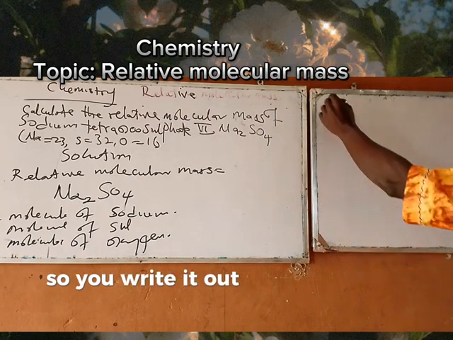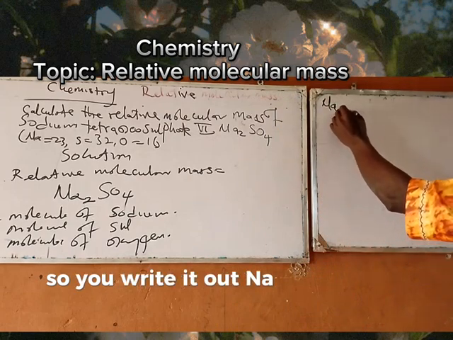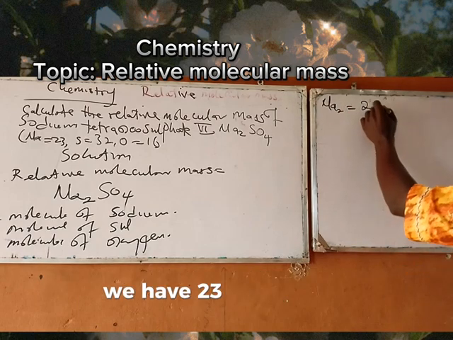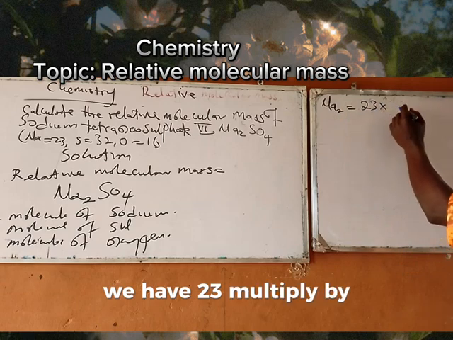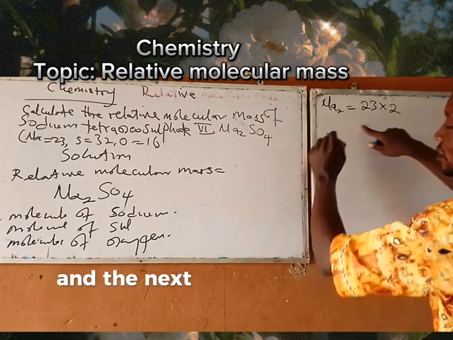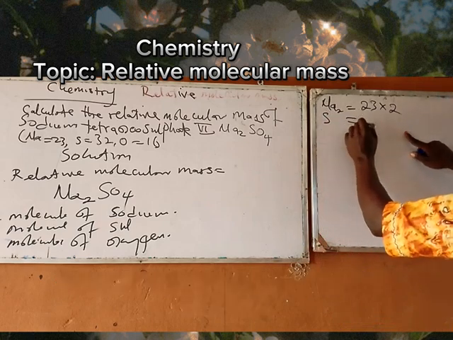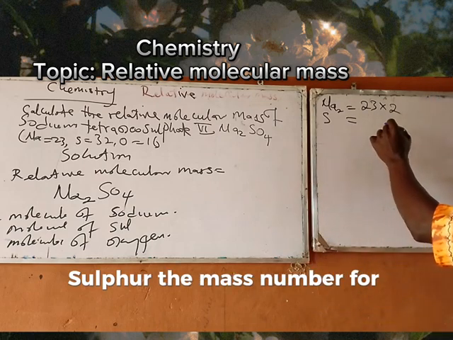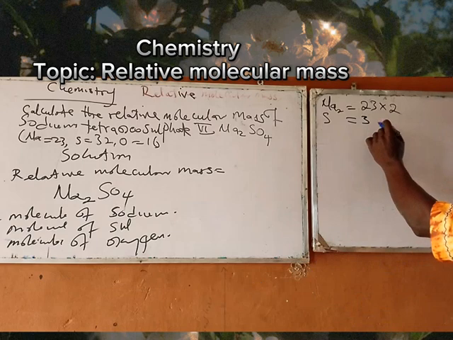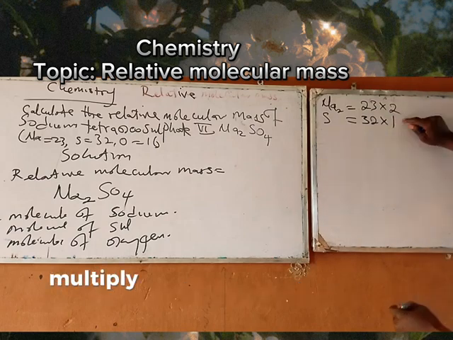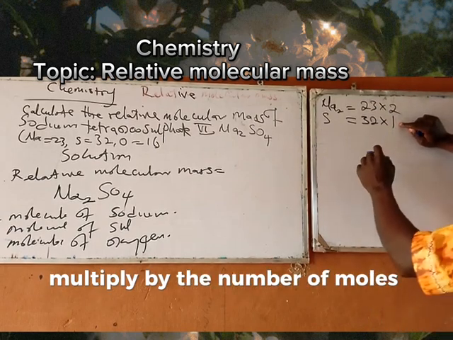So you write it out. Na contains two atoms, so we have 23 multiplied by 2. The next thing is sulfur. The mass number for sulfur is 32, and it's one atom, multiplied by the number we have there.